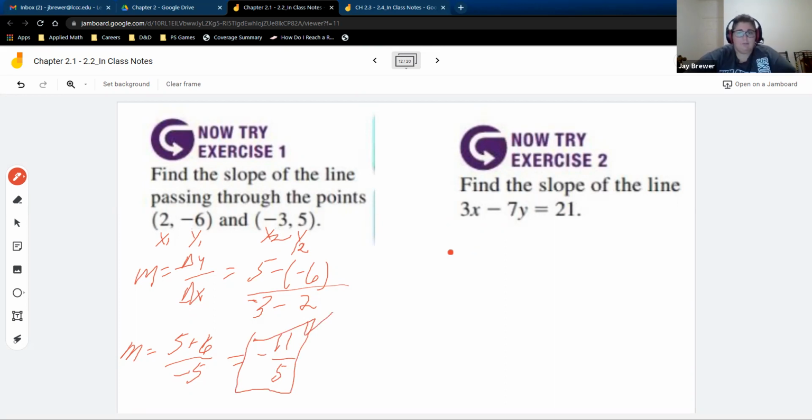We want to find the slope of a line and we're given that line in standard form. We want to make that form look like slope intercept form, which is y equals mx plus b. So we're going to subtract 3x to the right.